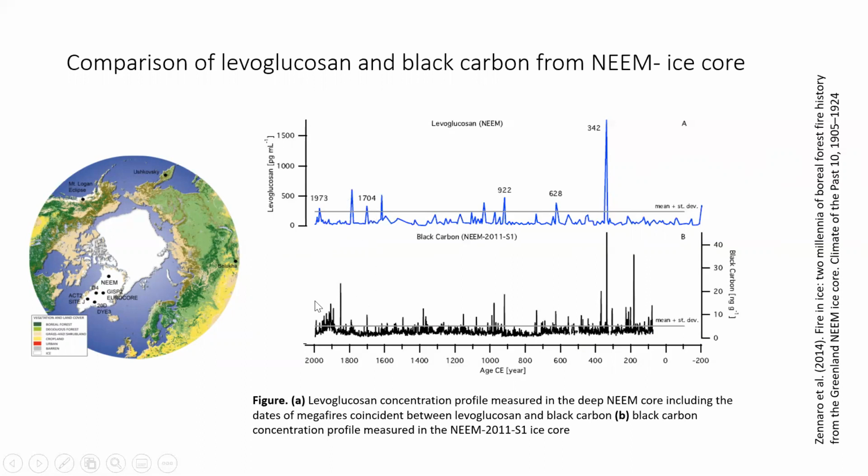So we can see that we can detect these fire peaks, or the peaks indicating biomass burning, with the levoglucosan from these ice cores. So basically they travel in the atmosphere quite far.